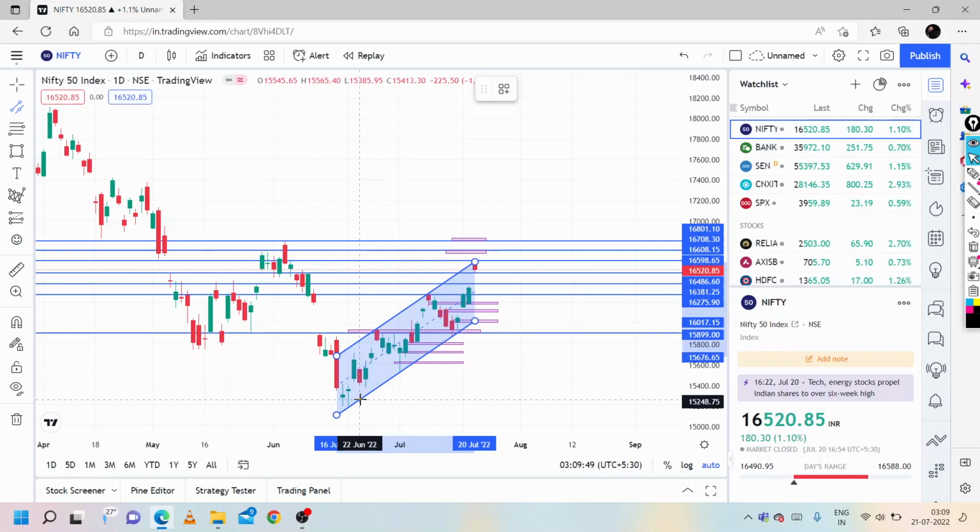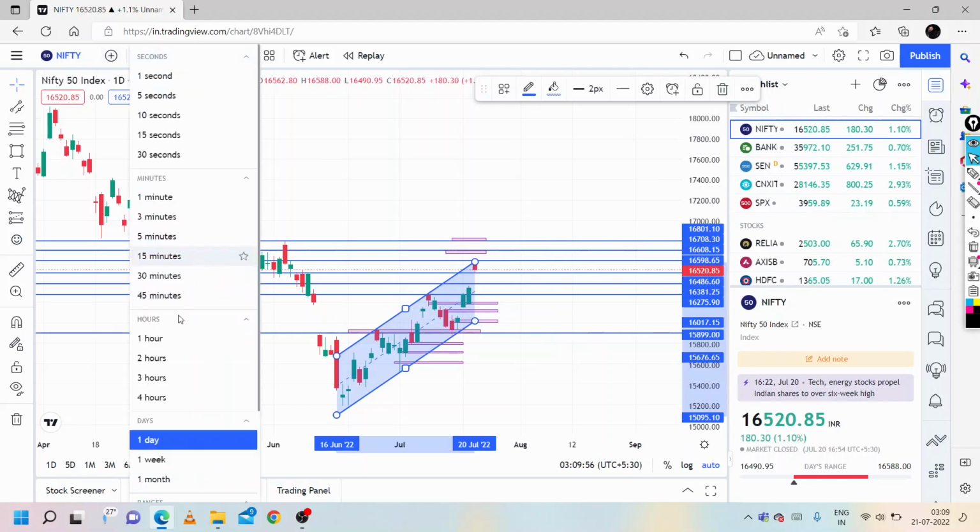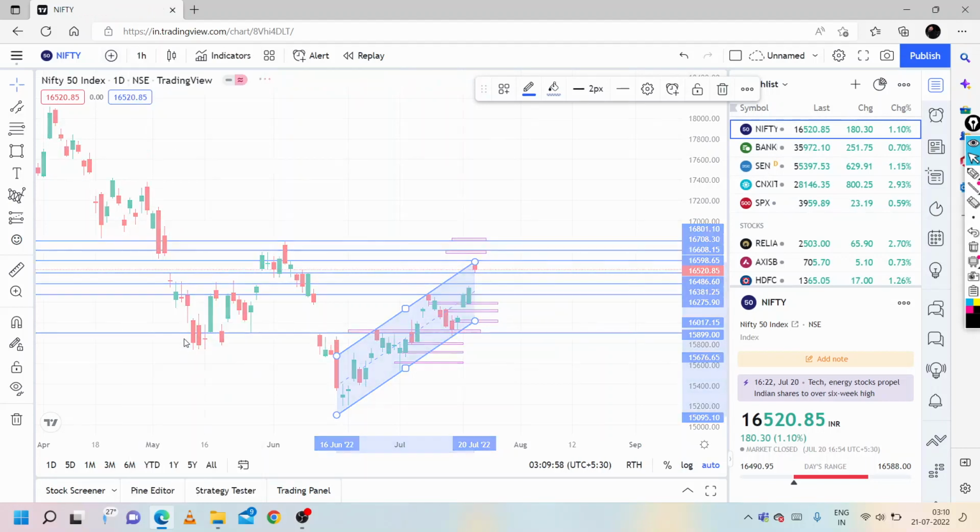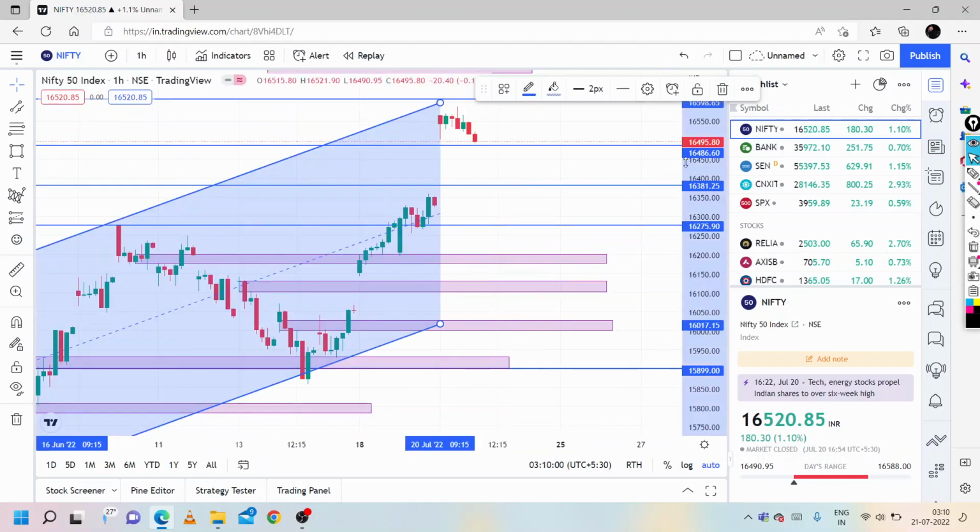So this is the channel that has been made on the daily time frame. Now we will go to our hourly time frame so that we can see what's going on in the market. Now I'll minimize it.